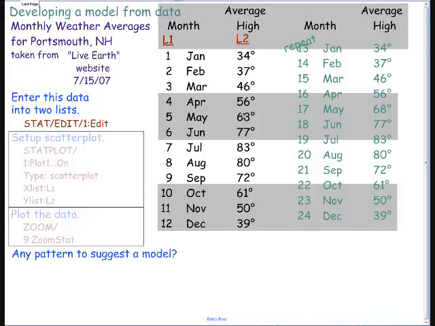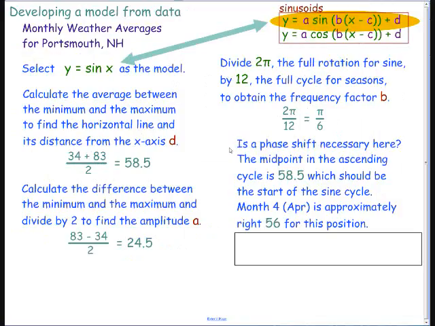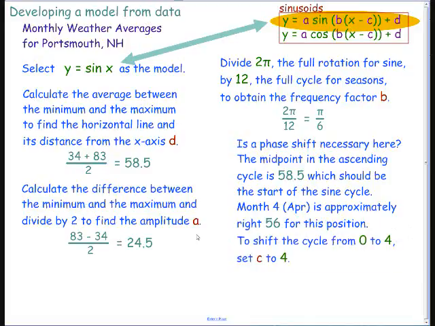The closest we have to 58.5, here it's rising, that's what we want, the temperature's rising, is April, the 4th month. So we're going to say that our sine wave has to be moved in the positive direction 4 months. Okay, so we're going to shift the cycle from 0 to 4.